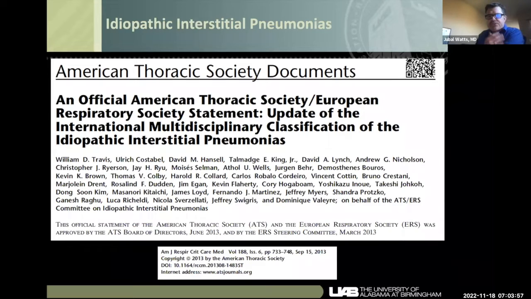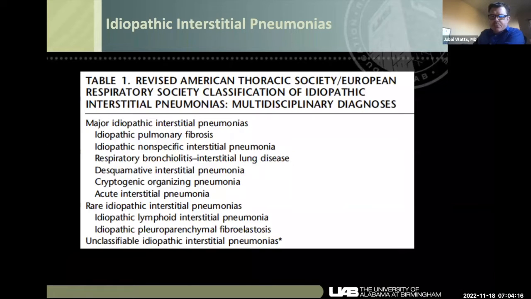So the idiopathic interstitial pneumonias, this is the most recent update, and it was in 2013 in the American Journal of Respiratory and Critical Care Medicine. Before this, they only had 7, and they changed them around a little bit, but the idiopathic interstitial pneumonias are now divided into major and rare, and the major ones, we'll spend a fair amount of time on.